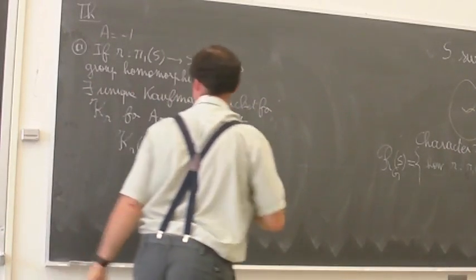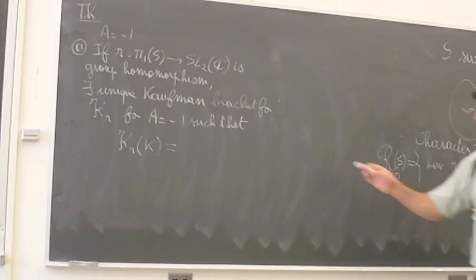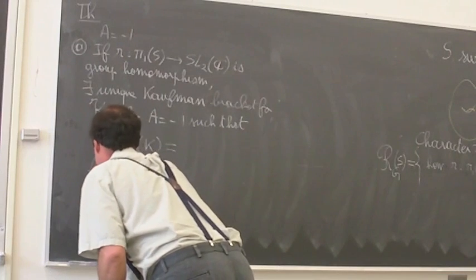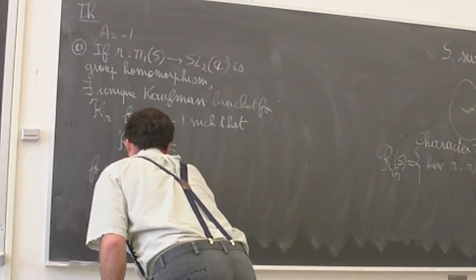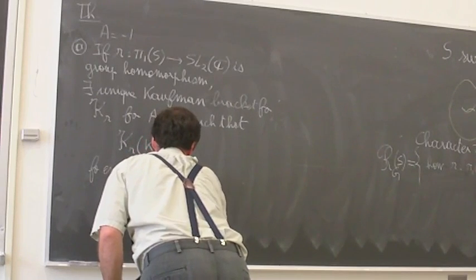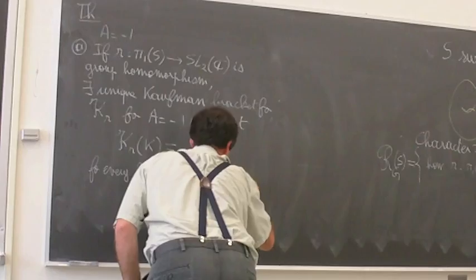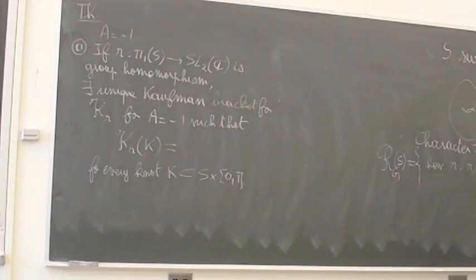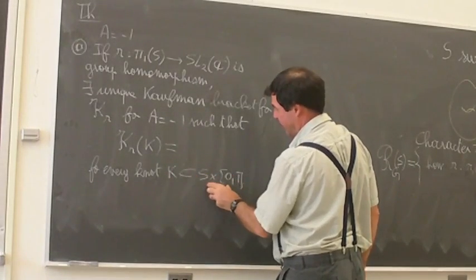it is the following. You need to associate a number to a knot in the thickened surface. So for every knot K in S cross [0,1], and when I say knot, I mean connected with only one string, you have this knot, it's a curve in here.